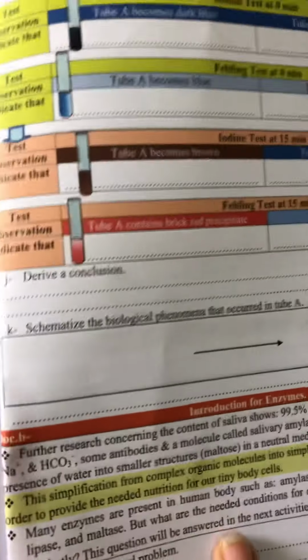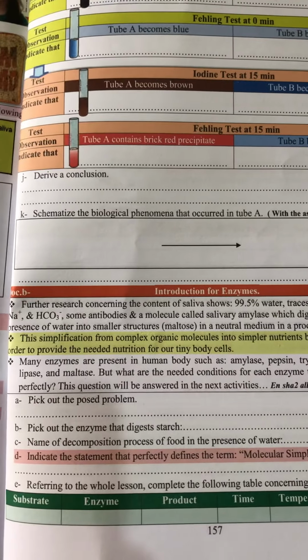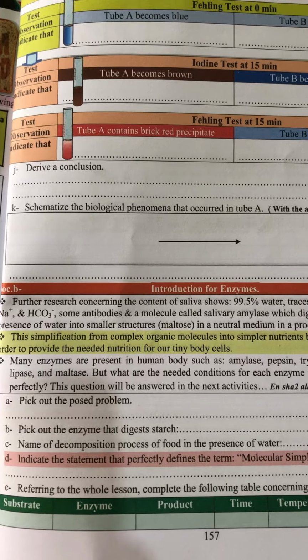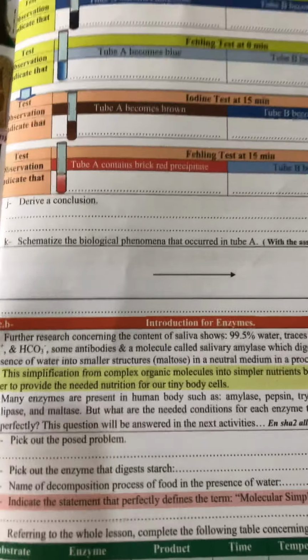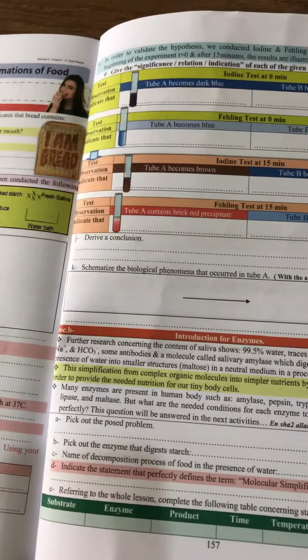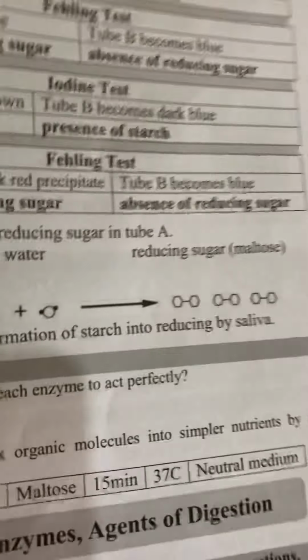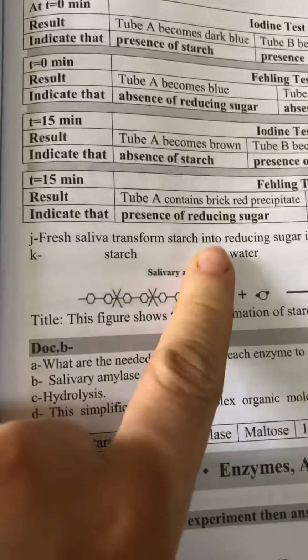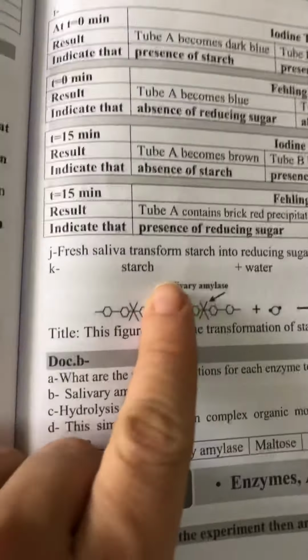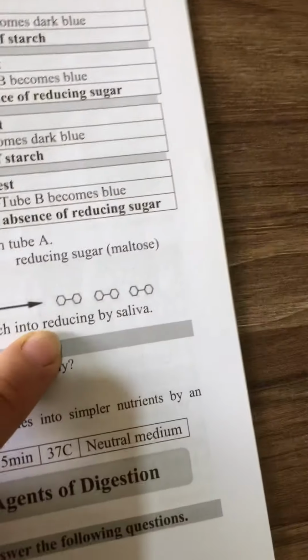And I asked you to solve all the parts, and we still have part K, which is to schematize, meaning to draw with labeling the biological phenomenon that occurs in tube A. So you have to draw the carbohydrates, which are a long sequence of sugar, and in the presence of the saliva, it's transformed into reducing sugar, which is two sugars.